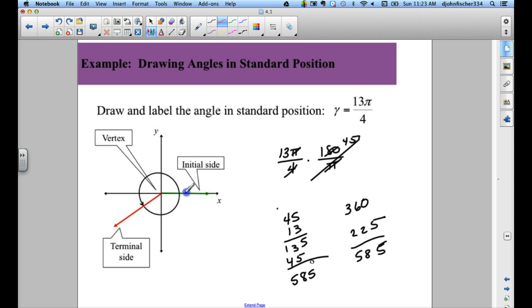It goes like this, starts here, goes all the way around once, that's 360, keeps going around, here's another 180, so that's at 540, we're not quite there, so we're going to keep going till we get here. So it's a complete circle and another way around to get to 13 pi over 4. So it's a little bit more than a complete circle.